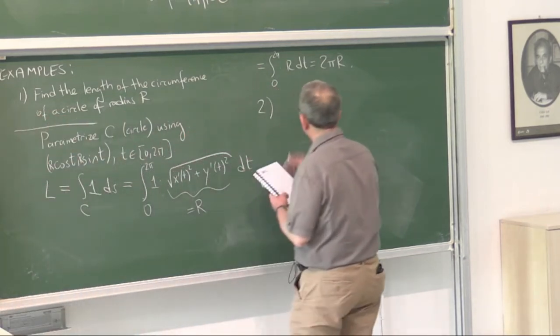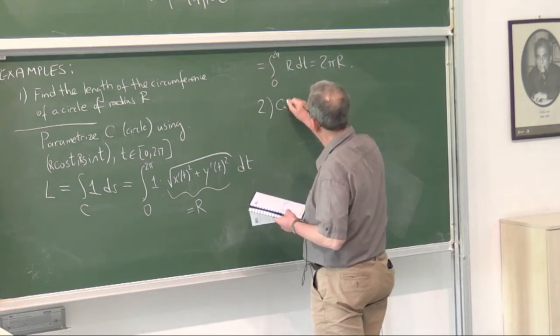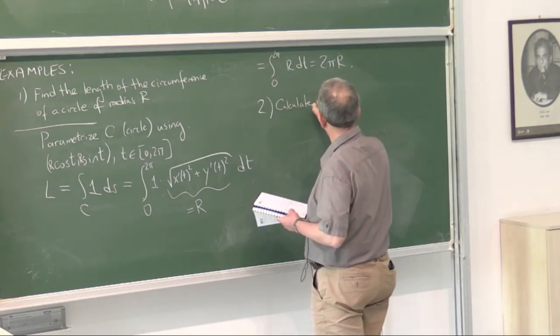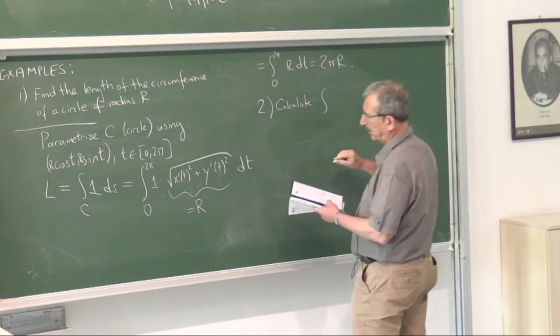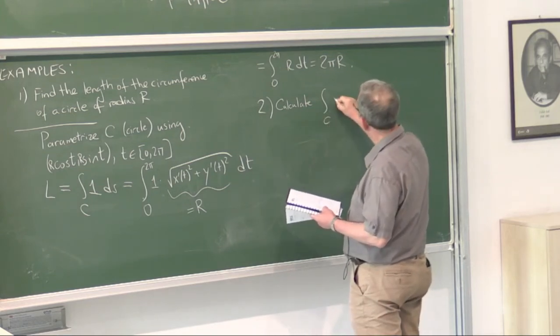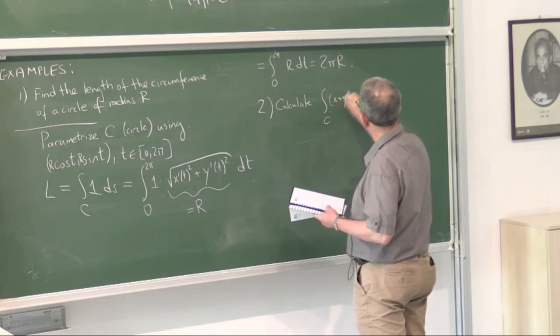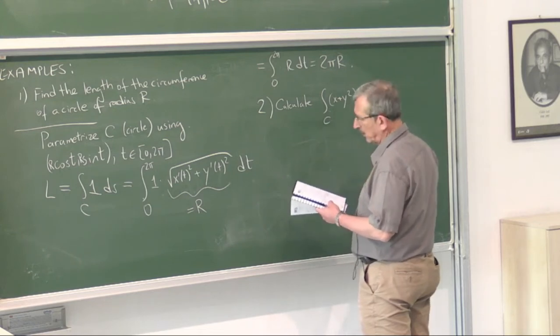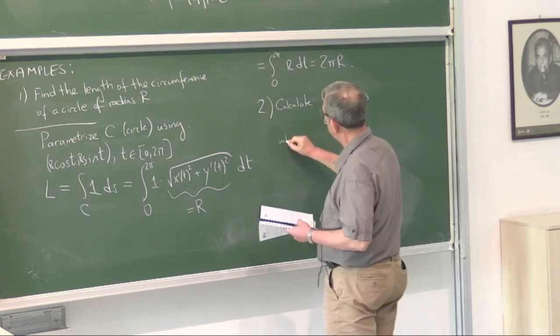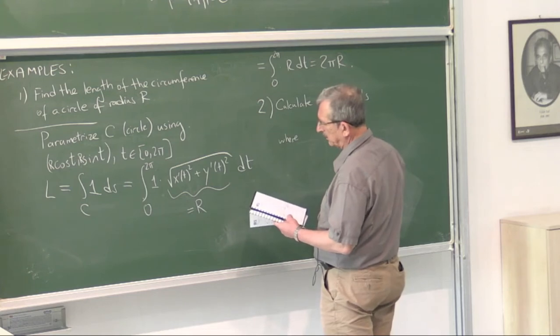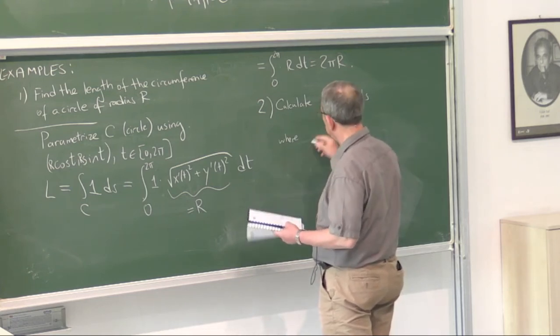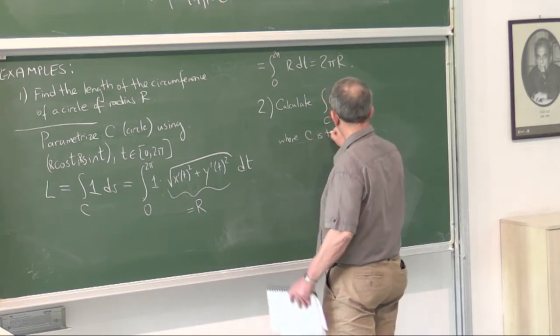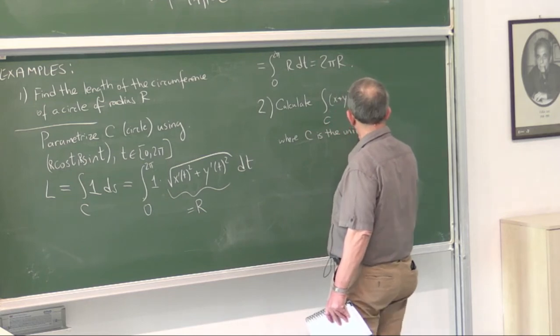Well, a second example is to calculate the integral over C of (x plus y squared) ds, where C is the unit circle.